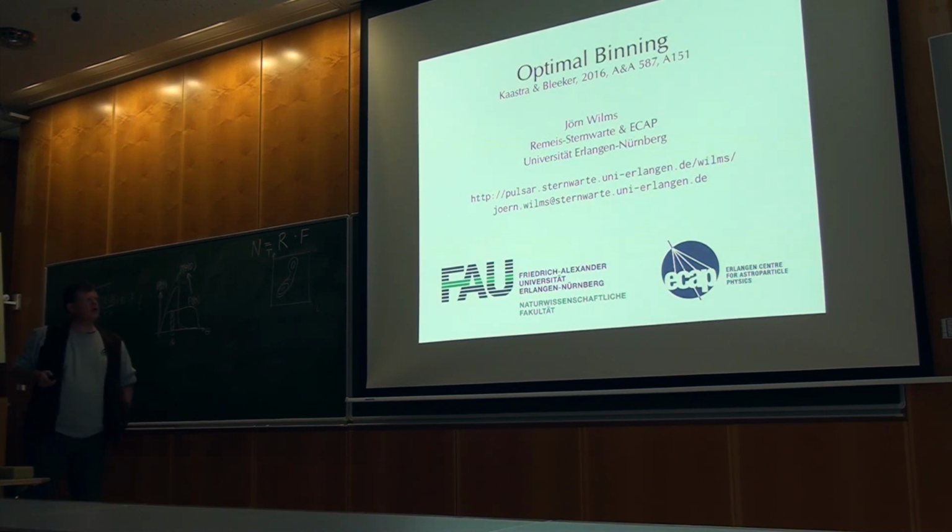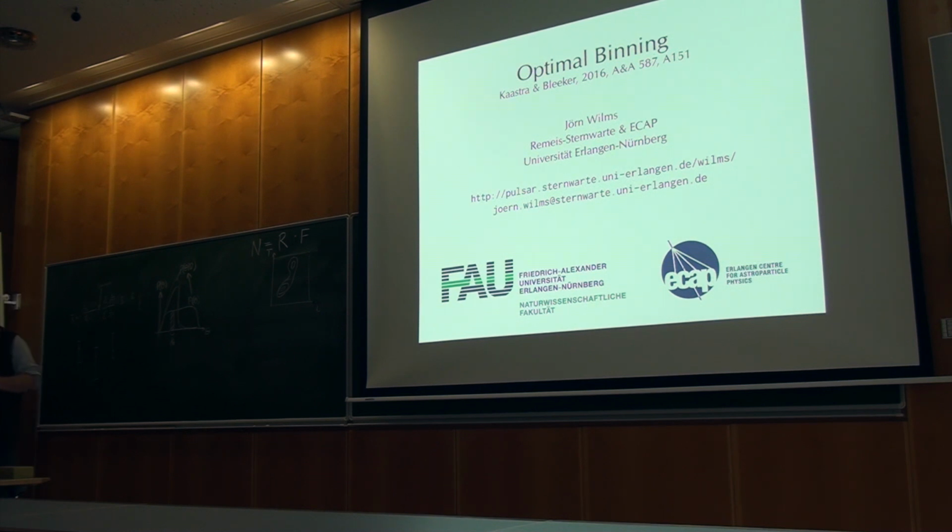So the first thing to talk about is optimal binning. I will mainly tell you about one paper here, another of the papers that everybody who is doing X-ray astronomy should have read. That is a paper by Garching and Planck on optimal binning. If you have been in the field for longer, you will notice that Baker has been dead for a very long time, I think several years already.